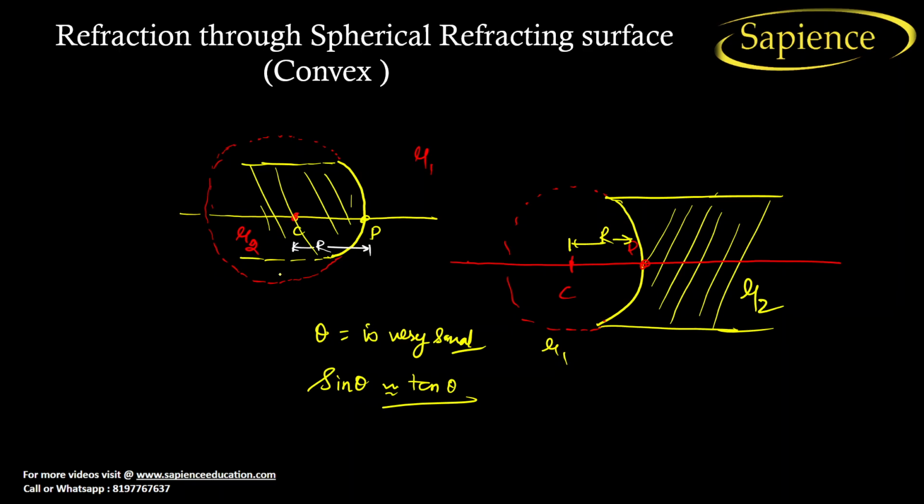The radius of curvature for this will be negative, and for this R is positive depending on the direction of light. We will do all this later. Let us just start the derivation part.